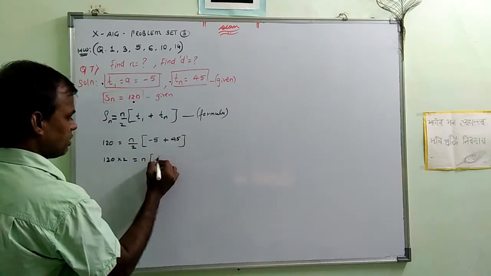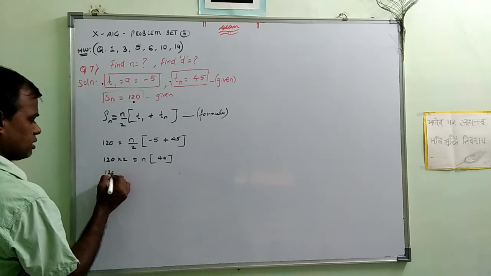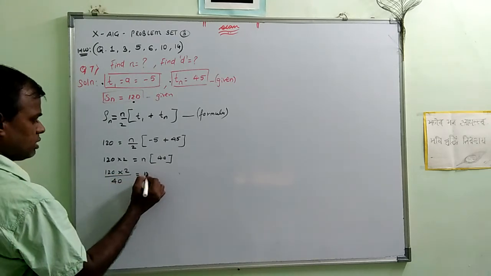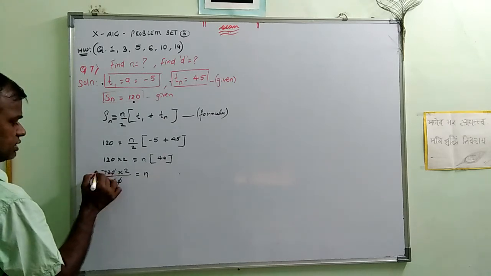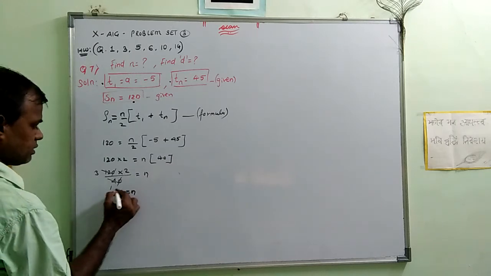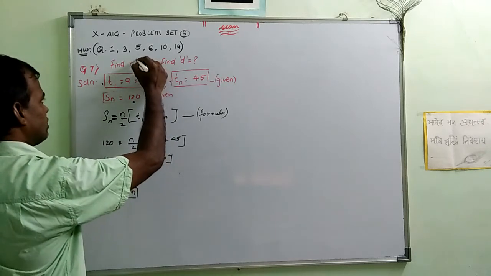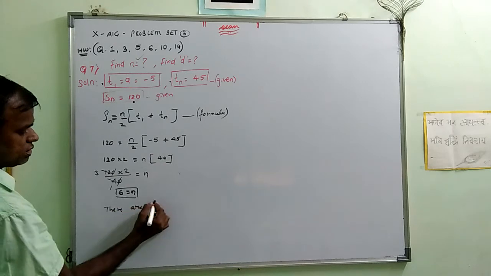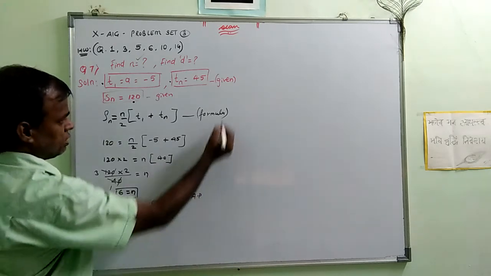Minus 5 plus 45 equals 40. So this 40 comes down. 0 0 cut, 4 3s are 12, 6. So first thing we have found, find n, that we have done. There are 6 terms in AP. Okay.